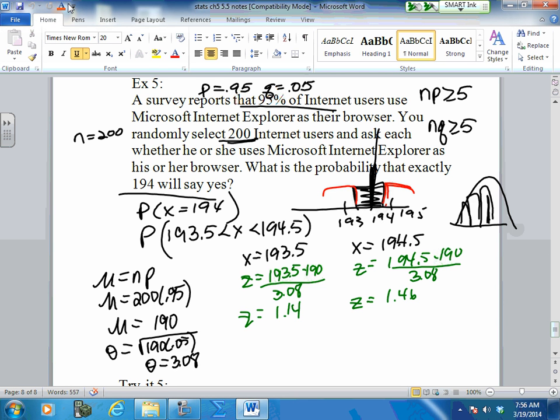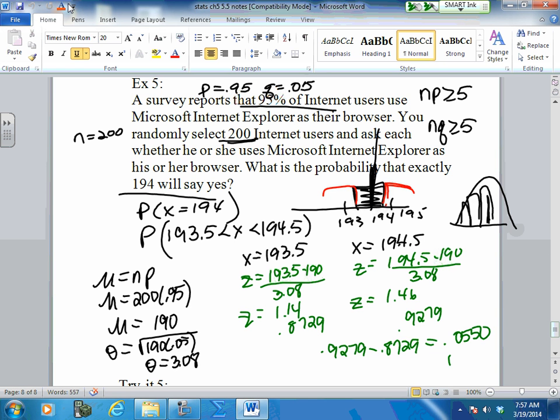Okay. Now, find your areas for these. You want to subtract your areas so that your areas are positive. Areas cannot be negative. When you subtract them, you find the probability that it is exactly 194.